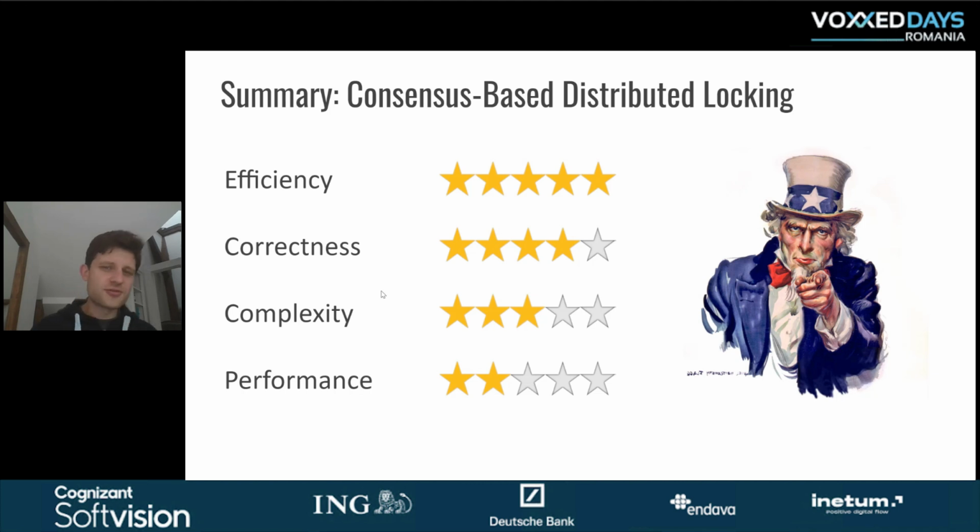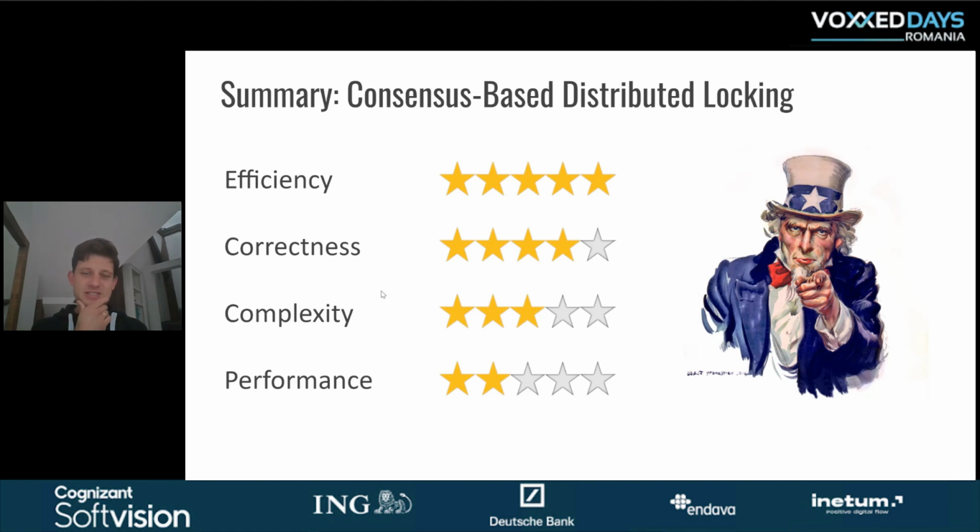But a summary for consensus-based distributed locking. Obviously you can use it for efficiency. For correctness, it's like Redlock: yes, you can use it, and you will see people using this. Even at Google it's used. They have Chubby, a Paxos-based implementation, but it's not 100% correct, as you've seen.